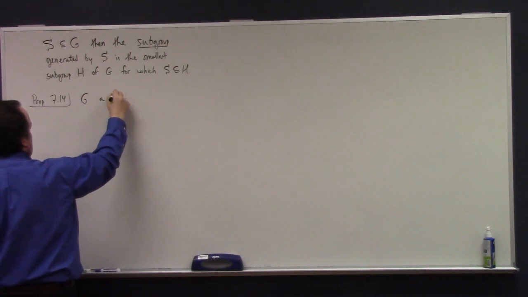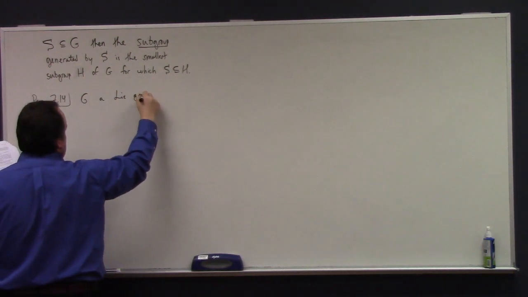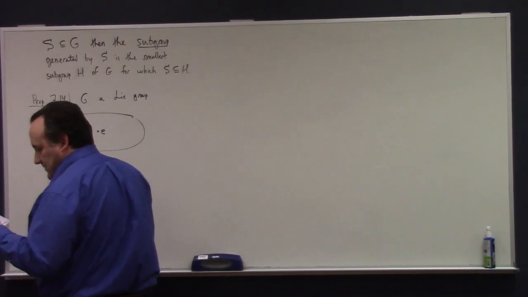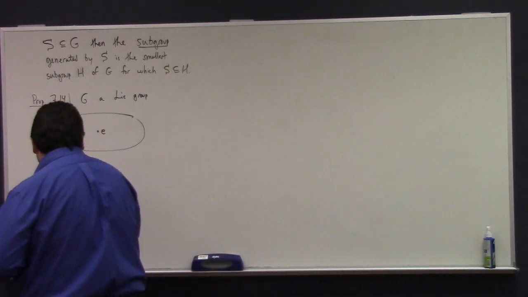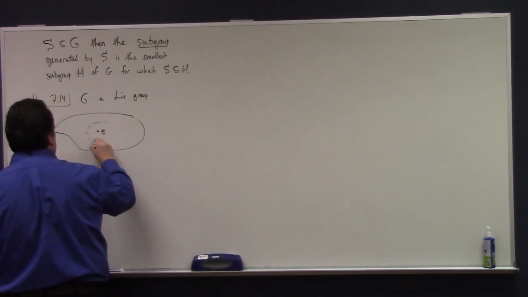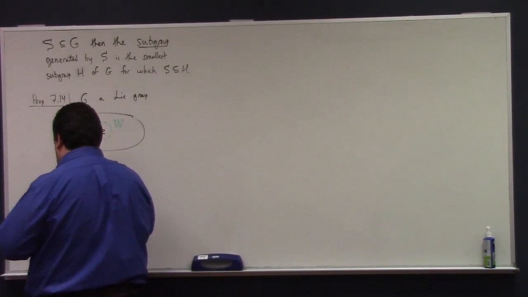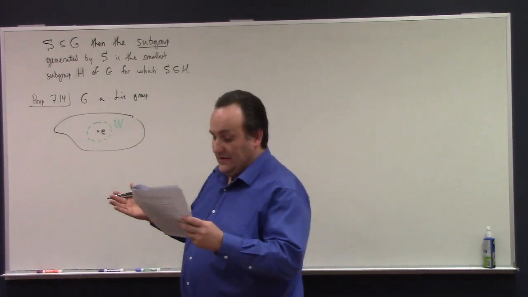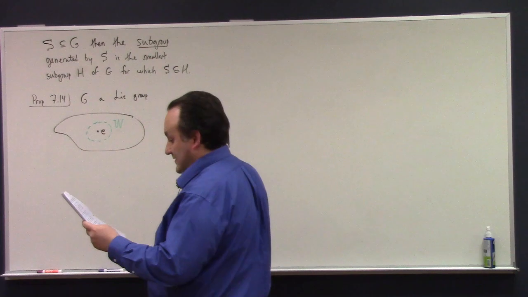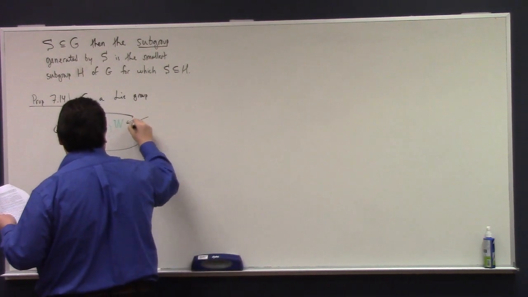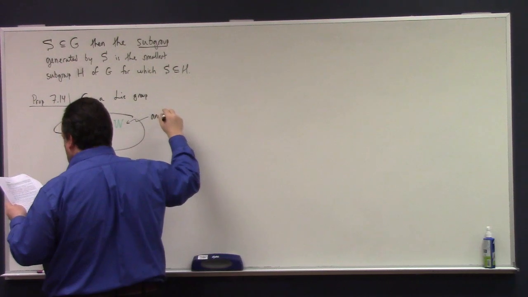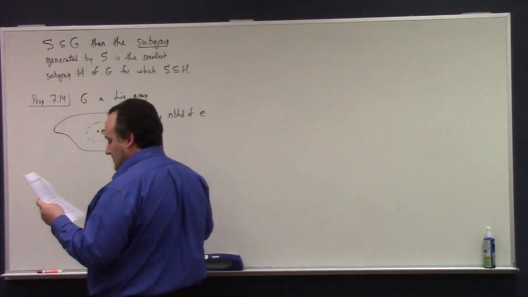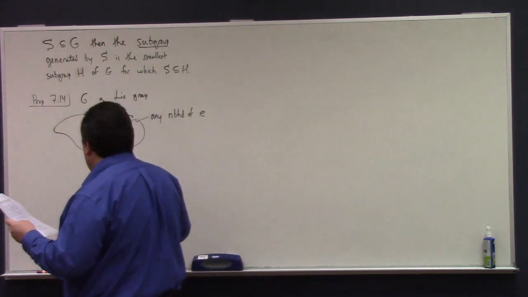So here's the Lie group, here's your identity element, and W is some neighborhood of the identity. Oh, well, that's very generous: any neighborhood of the identity element. Okay, then (a) W generates an open subgroup of G.